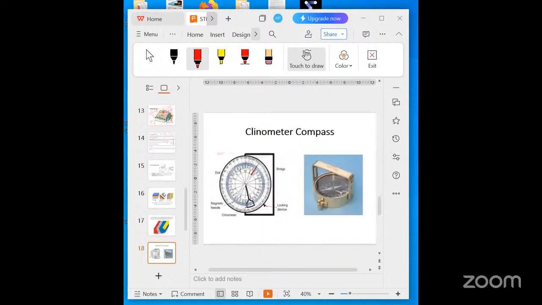You see here. So we have read that many rocks show planar structures in the form of bedding plane or foliation in any outcrop, right?